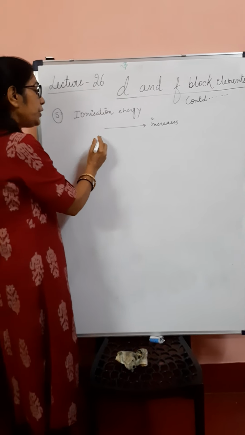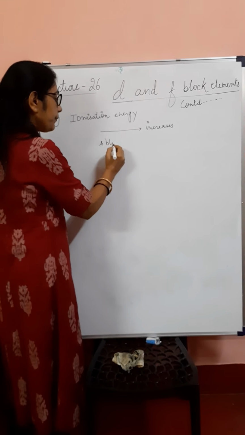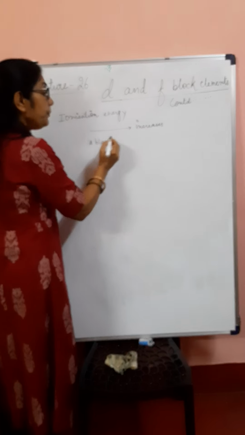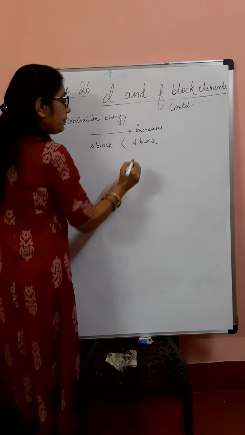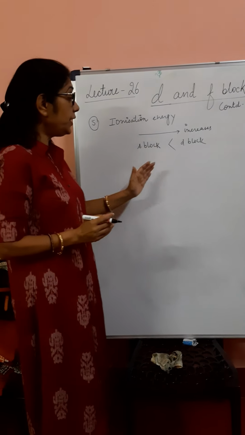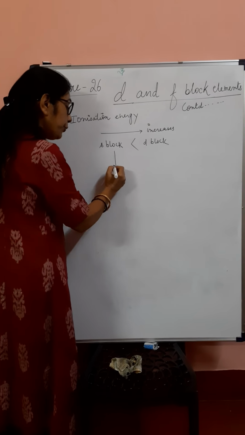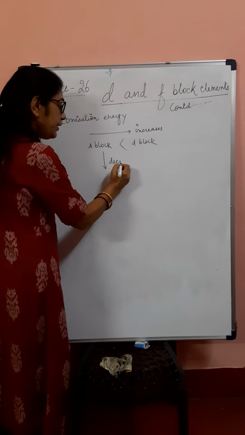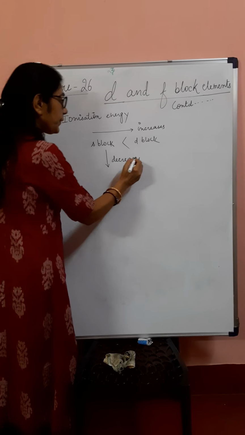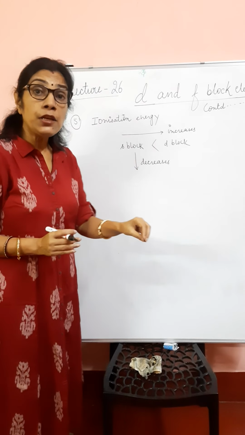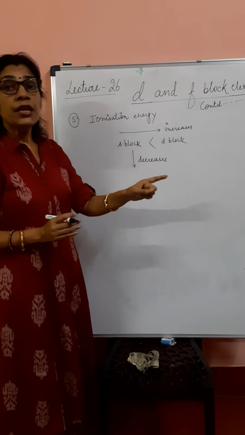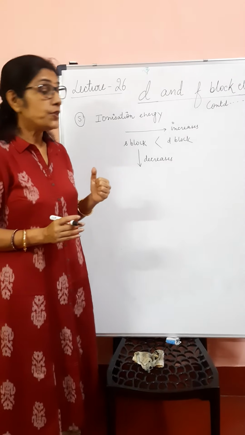So as compared to S block, these D block elements have high ionization energy, but on going down the group, ionization energy decreases. Now, ionization energy plays a vital role in explaining the stability of certain compounds as well.